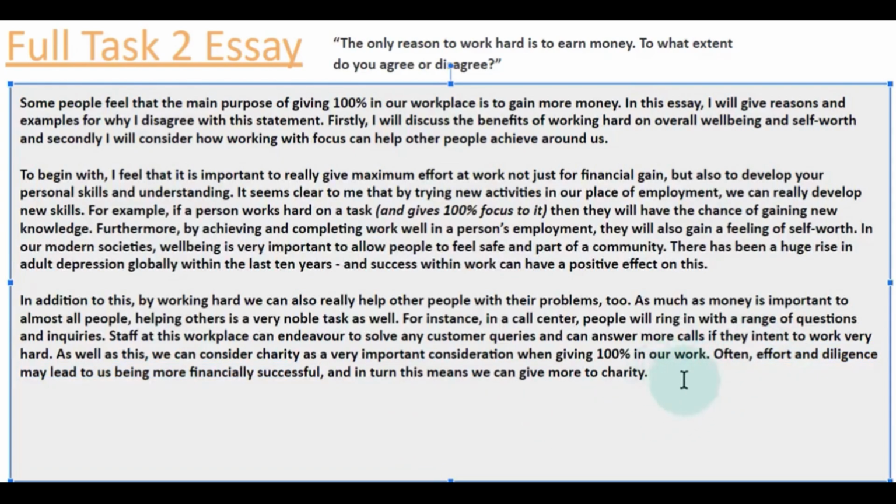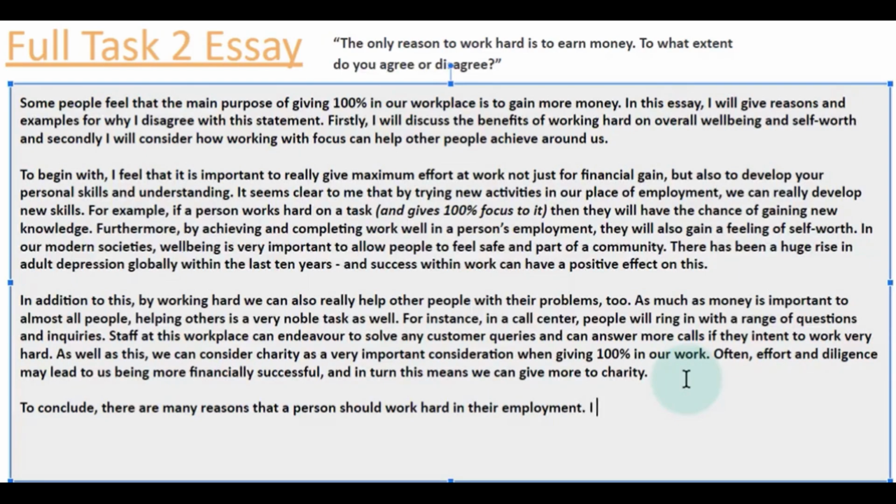Okay, so let's move on to the final paragraph, which is, of course, our conclusion. And I'm just going to do this in 1 sentence. I've really given my opinion all the way through, but I'm just going to write to conclude, or maybe I will use to as normal. To conclude, there are many reasons that a person should work hard in their employment.